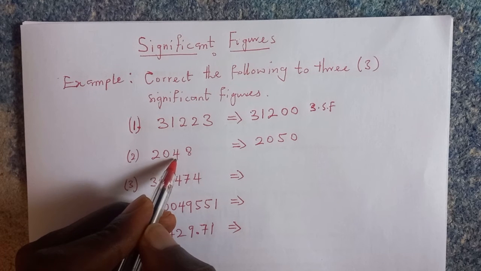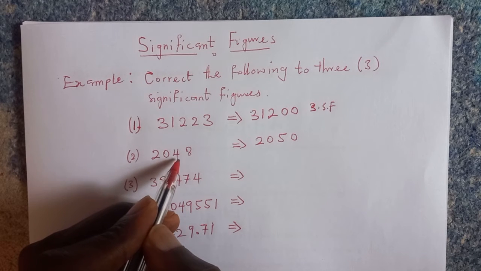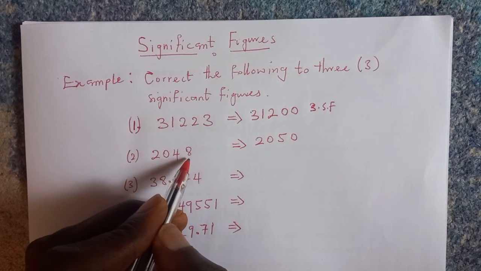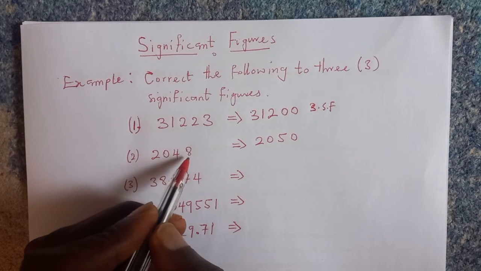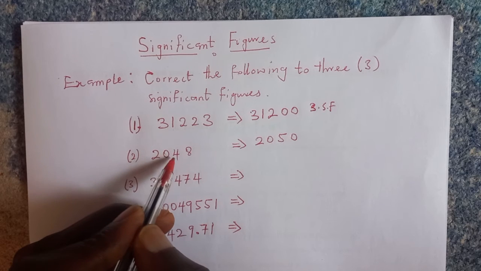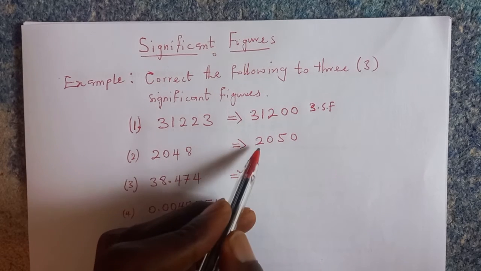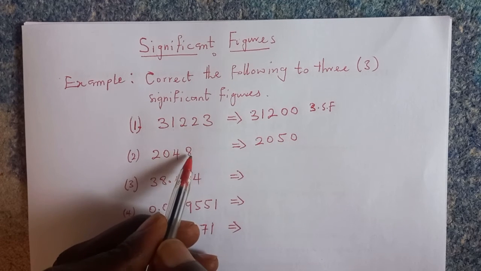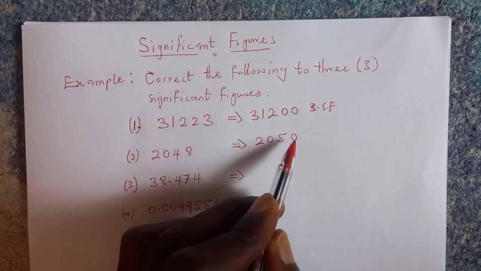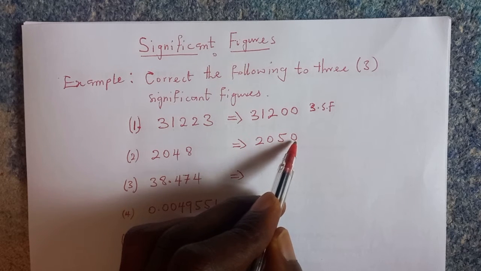This is the third significant figure, but after the third significant figure, there is a value which is greater than 4, which is 8. So we need to pick one value from it and add it to the previous, which will become 2050. This 8 has been replaced by 0.